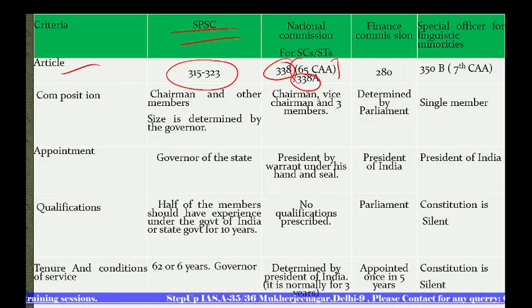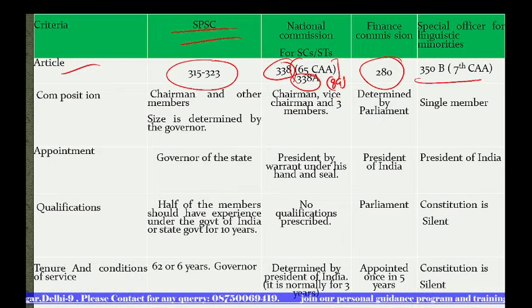The 65th Constitutional Amendment Act introduced this, and then the 89th Amendment Act divided it into the National Commission for Scheduled Castes and the National Commission for Scheduled Tribes. The Finance Commission has been mentioned in Article 280, which we have already discussed, and then the Special Officer for Linguistic Minorities has been mentioned in Article 350B, which was added by the 7th Constitutional Amendment Act.